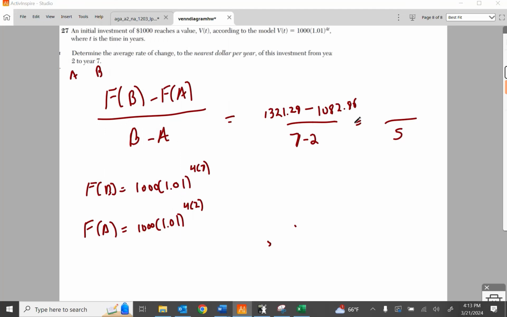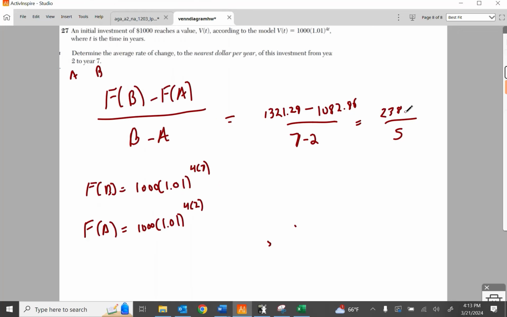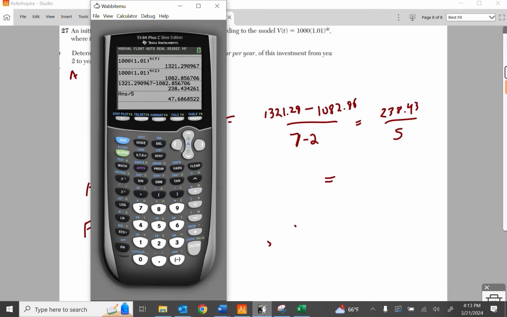And then it pushes some more buttons in a TI-84. 1321 minus that guy is that, divided by the 5. Sorry, I need to put this on a piece of paper. 238.43. And when I divide by 5, I get 47.69.